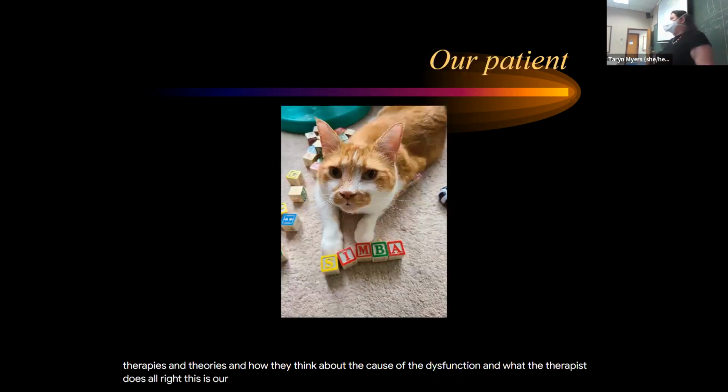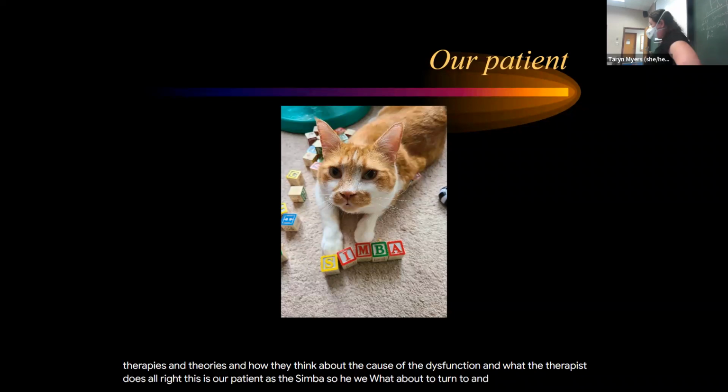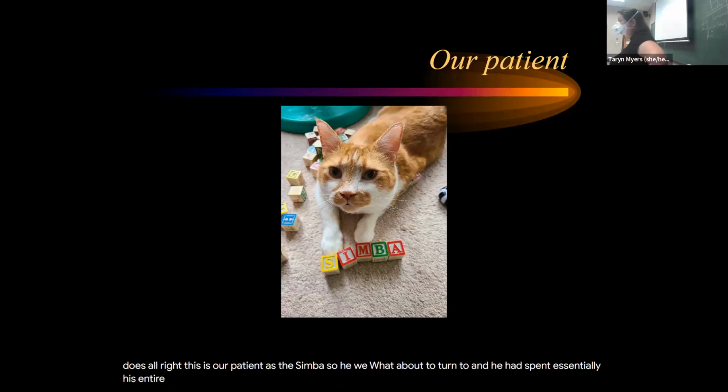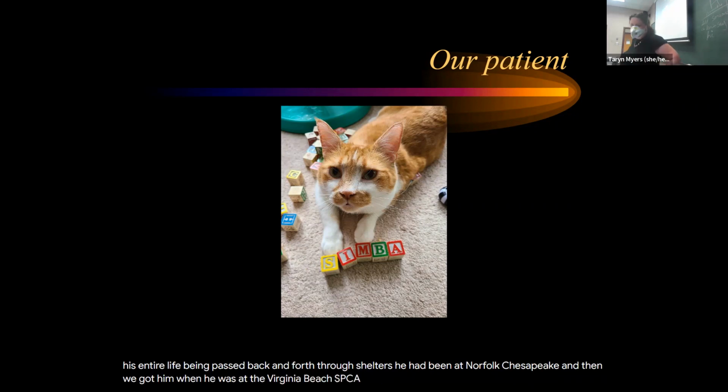All right, and this is our patient. S is Simba, my cat. We adopted him when he was about to turn 2, and he had spent essentially his entire life being passed back and forth through shelters. He had been at Norfolk, Chesapeake, and then we got him at the Virginia Beach SPCA.